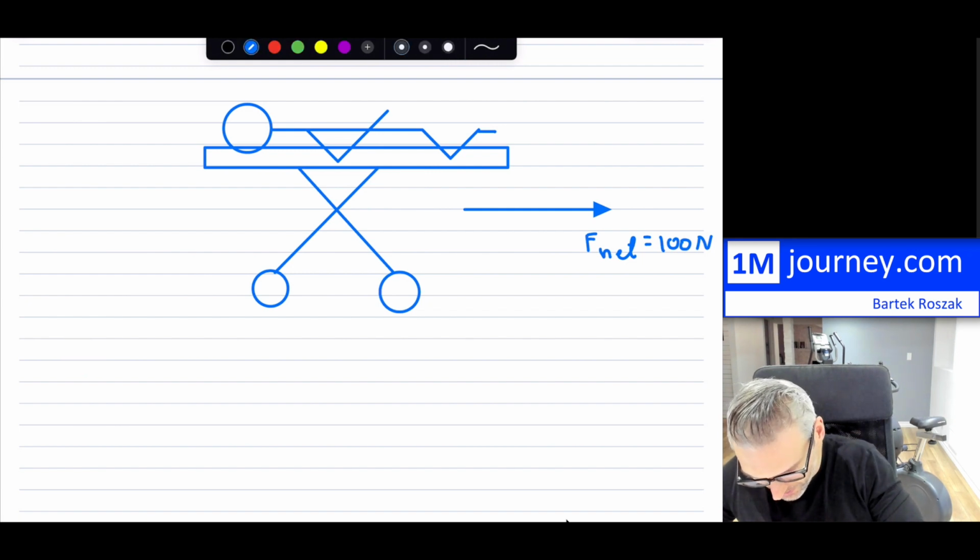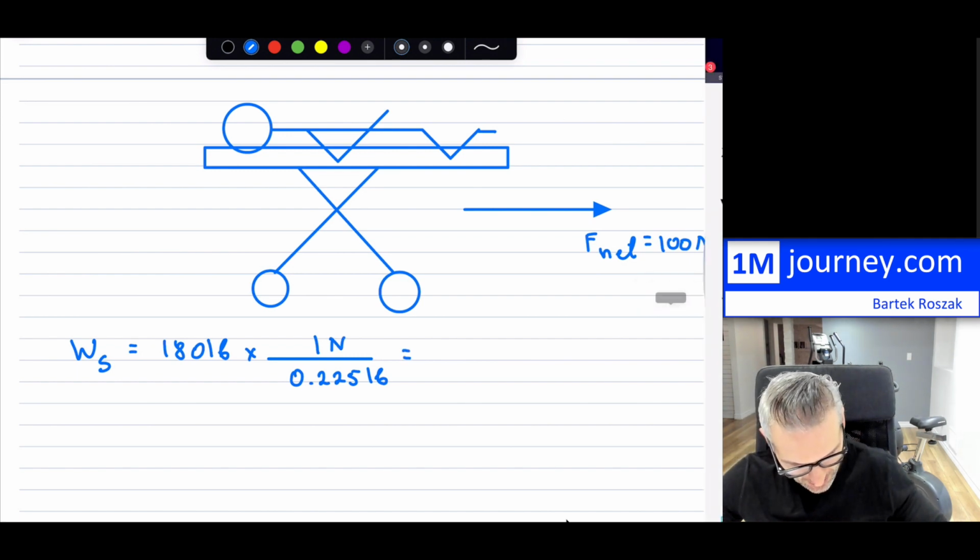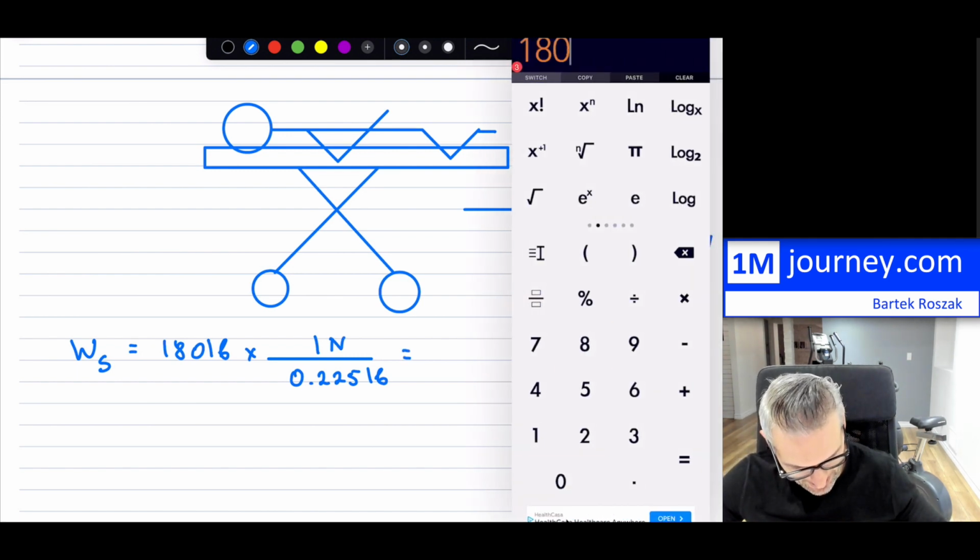So we have a weight of the stretcher. So weight, I'll put a little s for the stretcher, which is 180 pounds. And that, of course, we can change back to newtons. 0.225 pounds is equal to 1 newton. So let's just keep that for ourselves. 180 divided by 0.225.